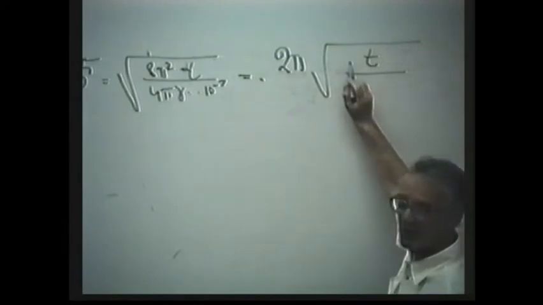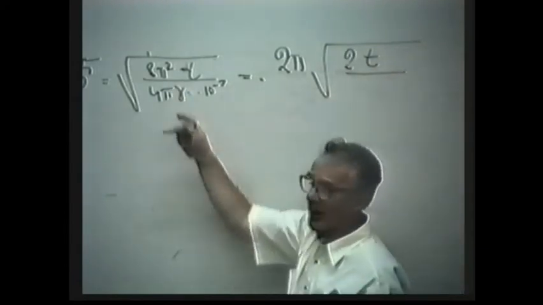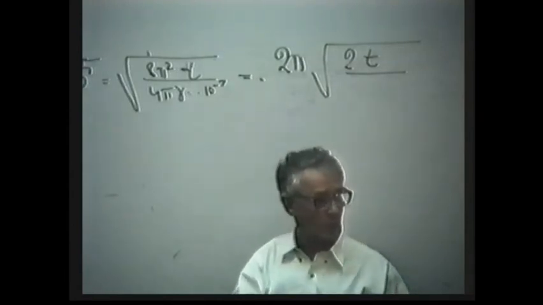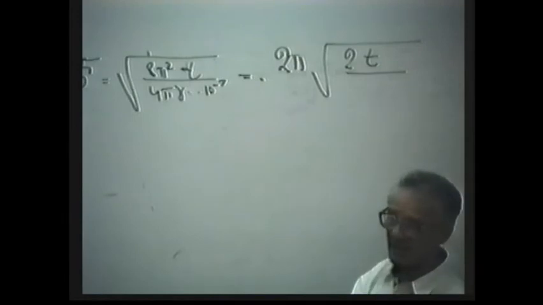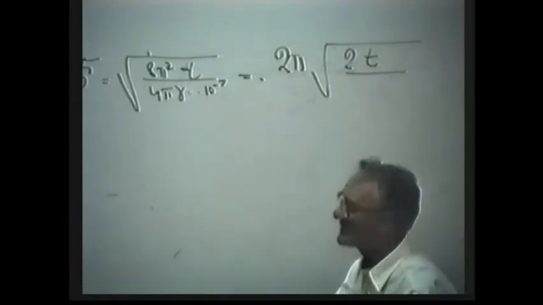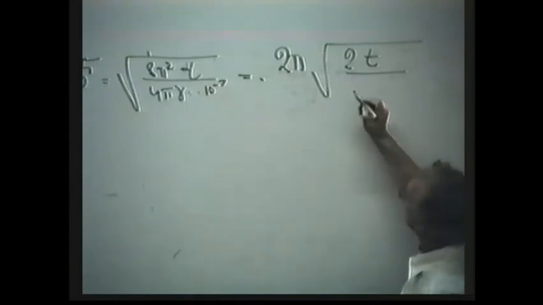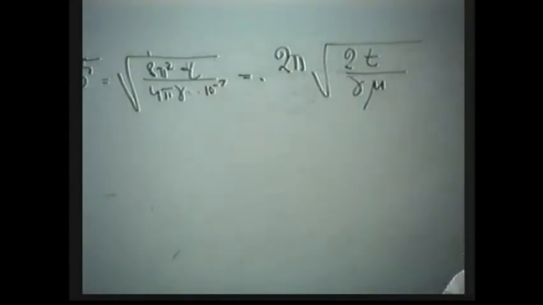Is it okay if I write 2? Because 8 pi squared, 2 pi I took, 4 pi squared, 2 pi out, 2 is left. Now gamma mu.